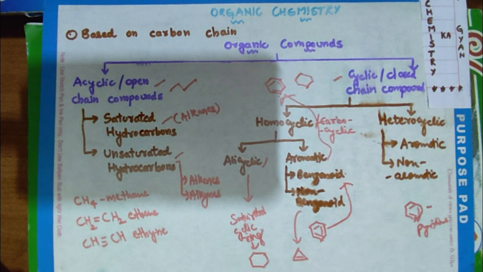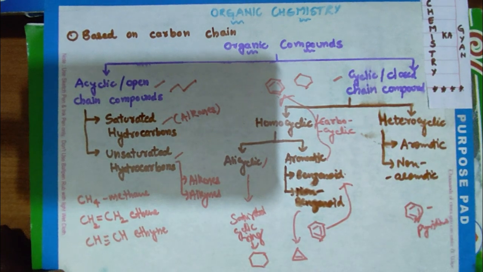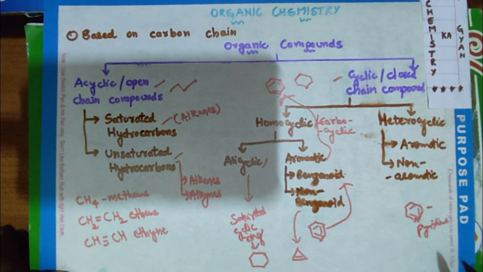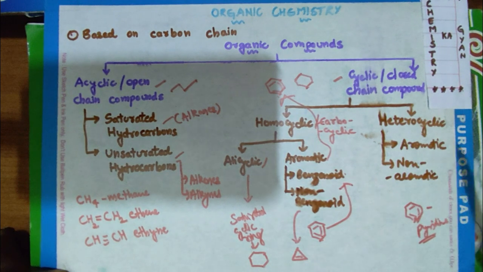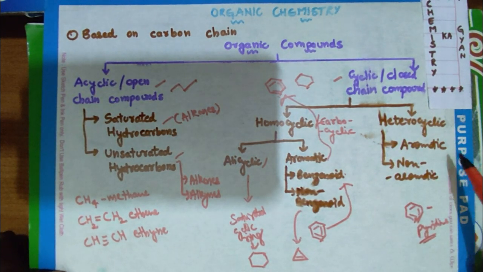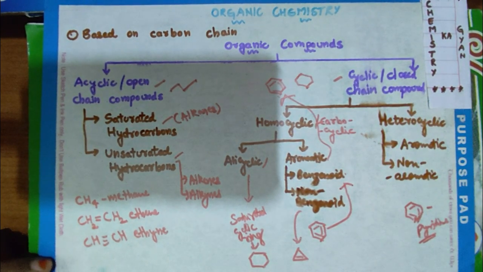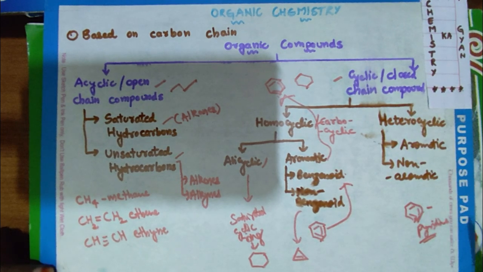Then coming to the heterocyclic rings. In heterocyclic rings, as I have told you, the example is pyridine. Again, it is also divided into aromatic and non-aromatic. Aromatic obeys Huckel's rule.